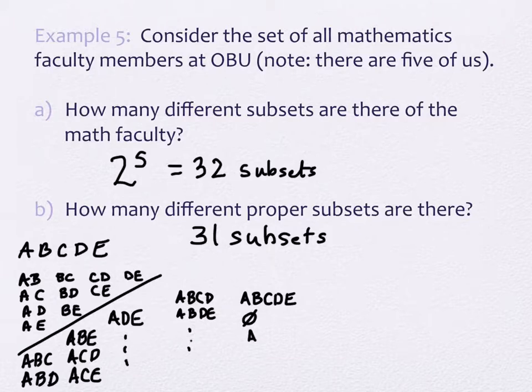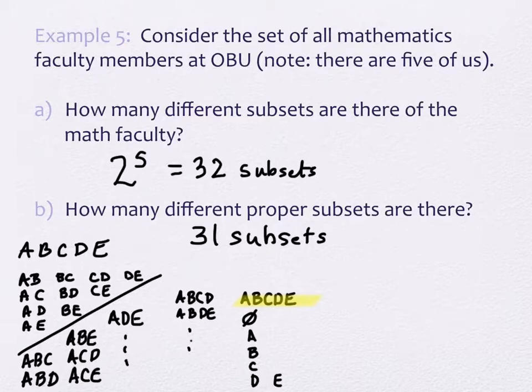Subset with just person A in it. Just person B, C, D, or E. So we have all these different subsets. There's 32 of them. If we eliminate this one, that gives us all the proper subsets. And you can see very quickly why having 5 elements just blossoms very quickly into 32 different subsets.